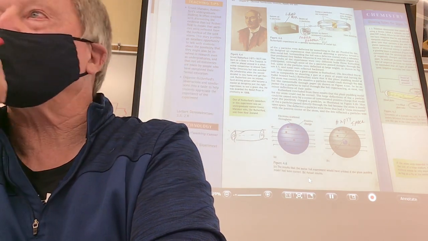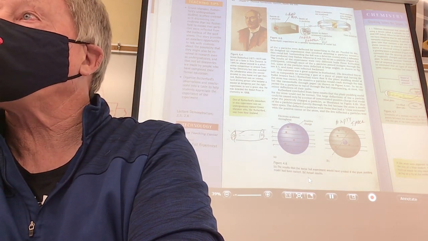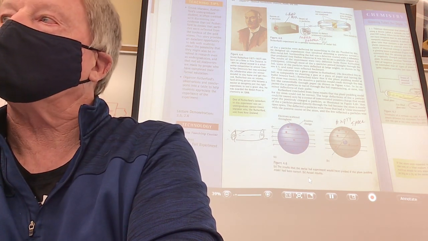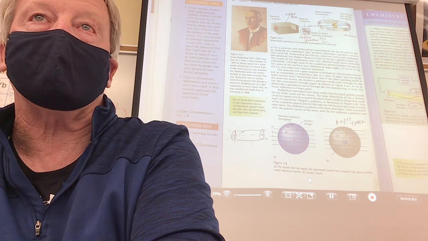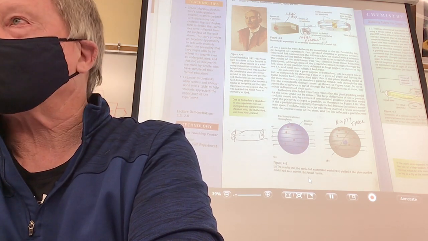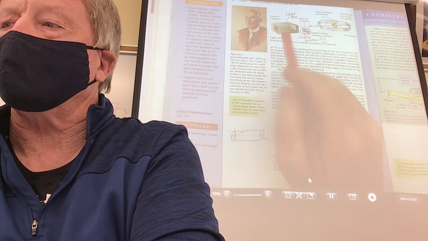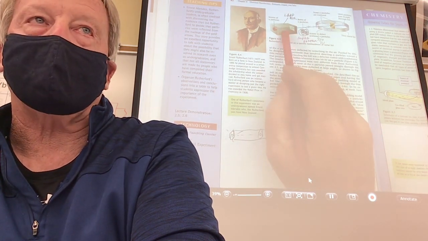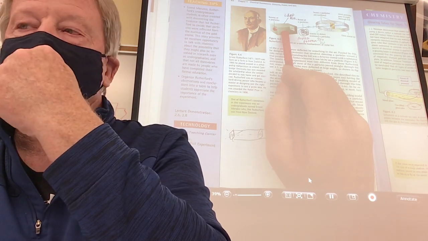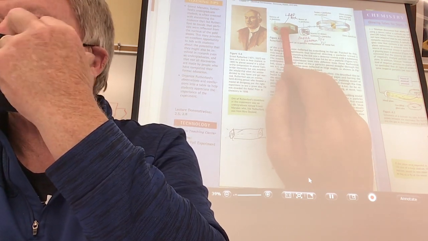I'm sure that all of them died earlier than they should have, because with all that radiation, they would have had a lot more chances for different cancers. But what they did learn is how to be a little more safe with it too. So what does Rutherford do? Rutherford puts his radioactive rock, it looks like a regular rock except it's radioactive, in a box. What kind of a box?